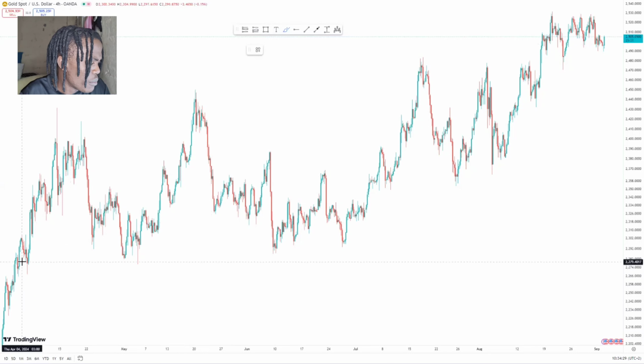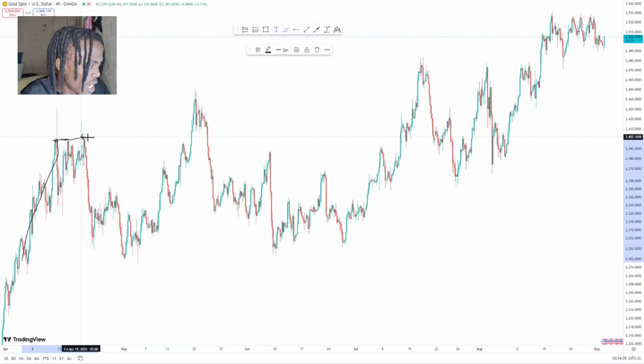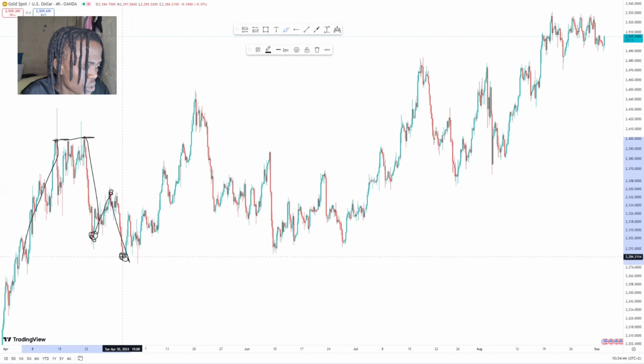You can tell that gold had this fresh push to the upside, created a high, and again created a high, and again created a third high, and we had a push to the downside, creating a low, a push again to the upside, creating a high, and a push creating lows, and a push again which stayed above our highs, right?